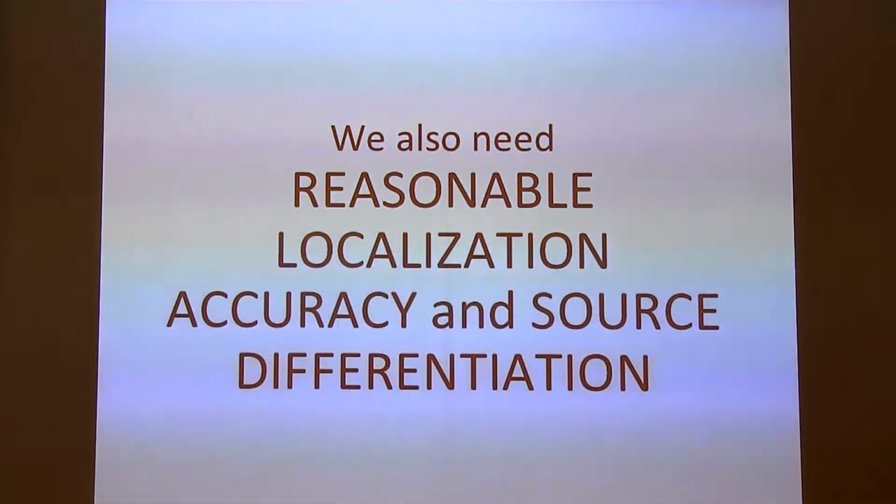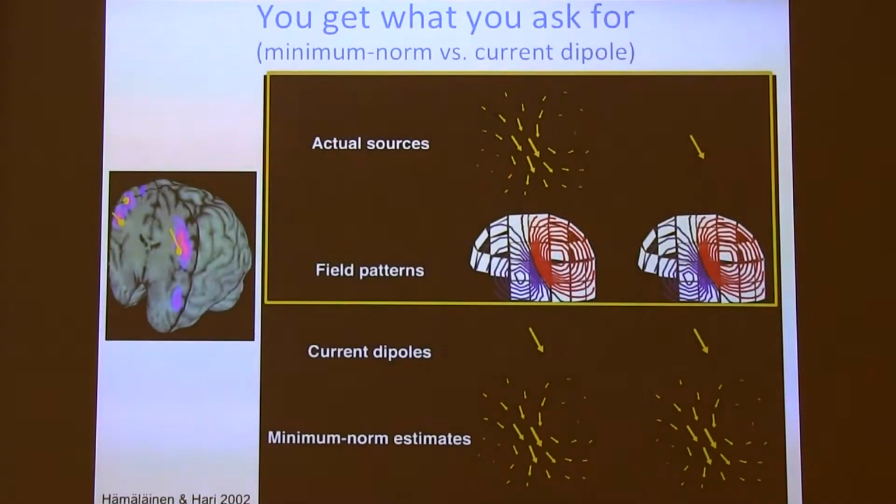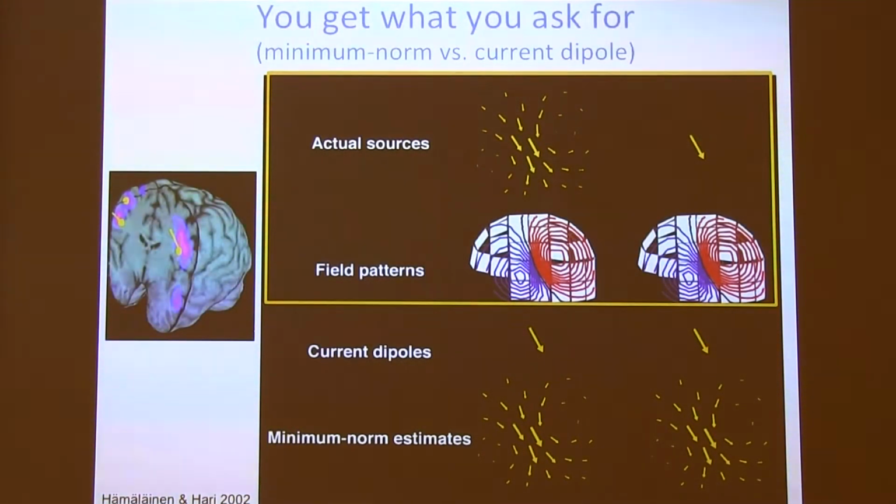Okay. So what we need in MEG is also, I would say, reasonable localization accuracy. This is not a method to pinpoint millimeter differences in the brain. But we need reasonable localization accuracy and source differentiation, so that we know if the sources are clearly different. Now we have one problem: you get what you ask for.